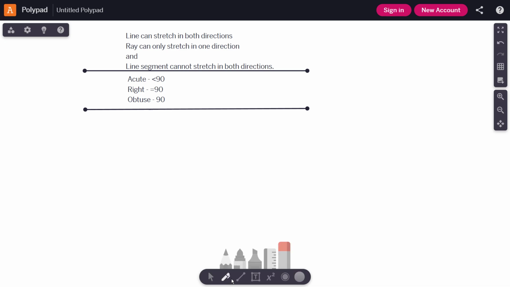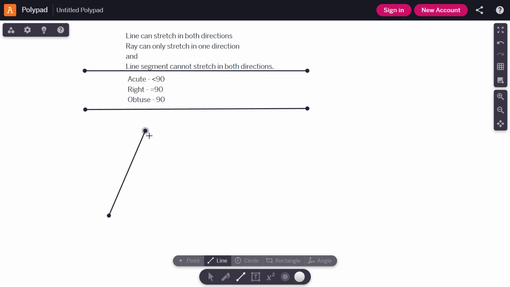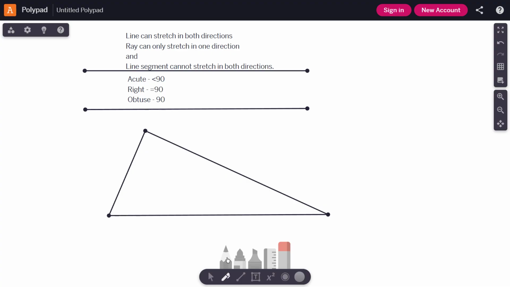Now we're going to look at our basic shape, which is a triangle. Imagine a triangle, any triangle. Let's say we have this triangle here. This is called a vertex.